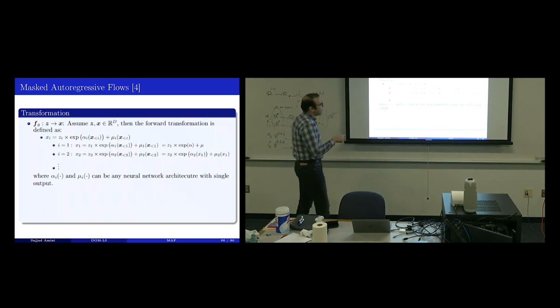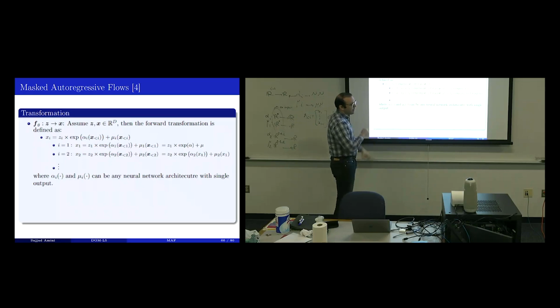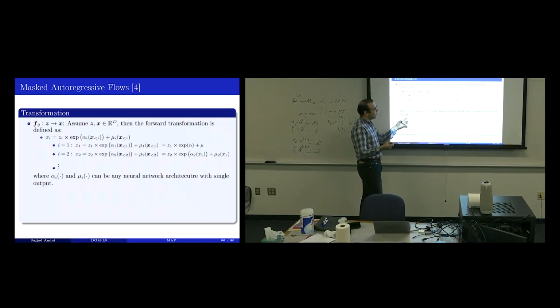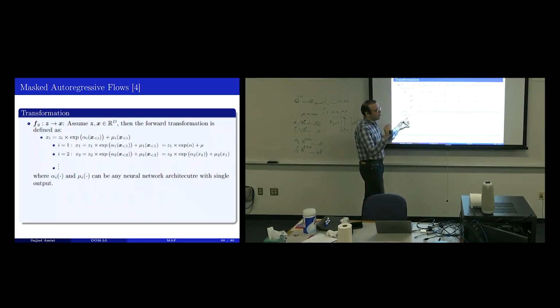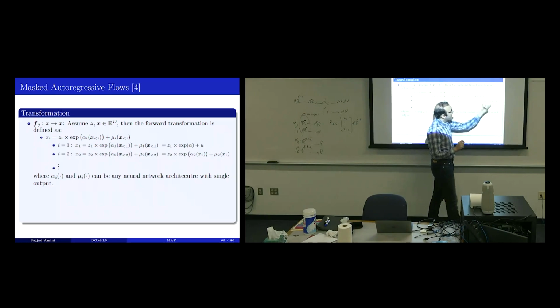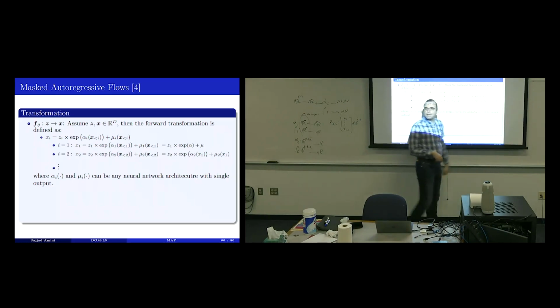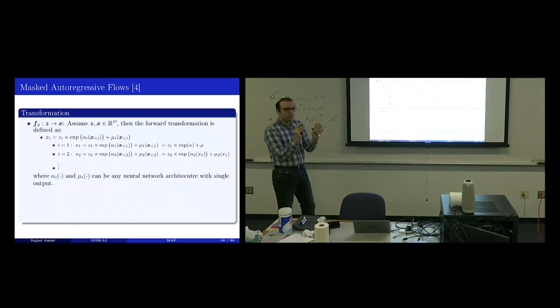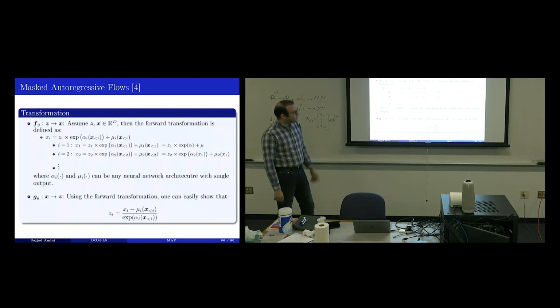Okay, alpha and mu can be any neural network architecture with single output. It means that both of them are architectures with vector input, and the output is just a single number. Why? Because it wants to rescale the corresponding element in the base space and add an offset to it. So you just need two scalar values, two real numbers.